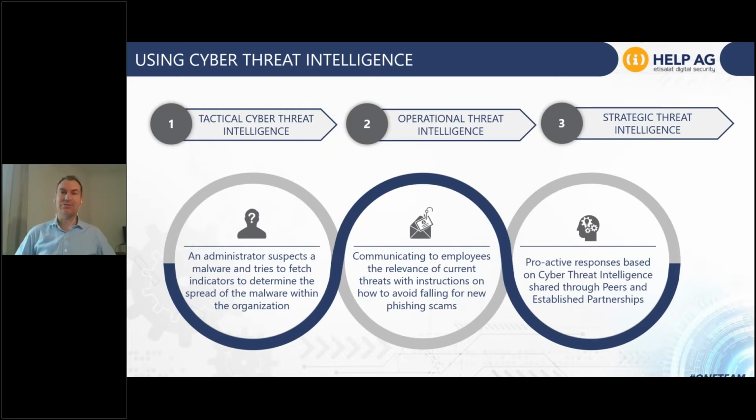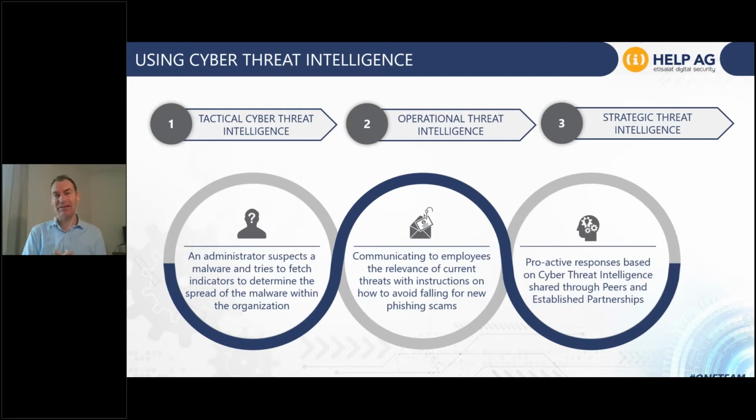The last context is strategic intelligence. The context of strategic intelligence is typically looking forward down the track and doing things to create a way for organizations to preemptively or proactively take action before they're attacked or before the threat is present.